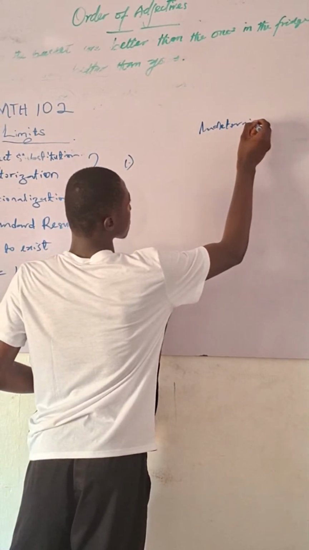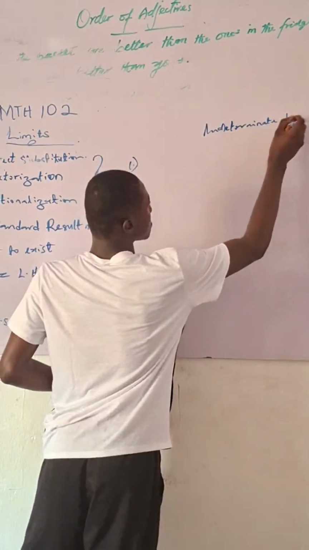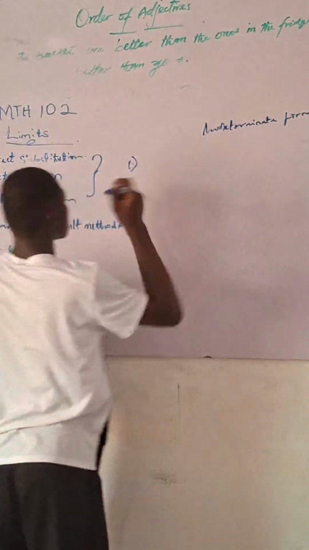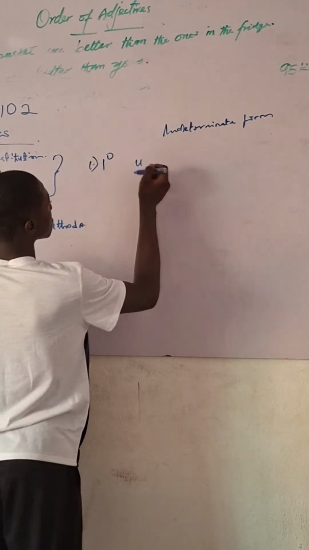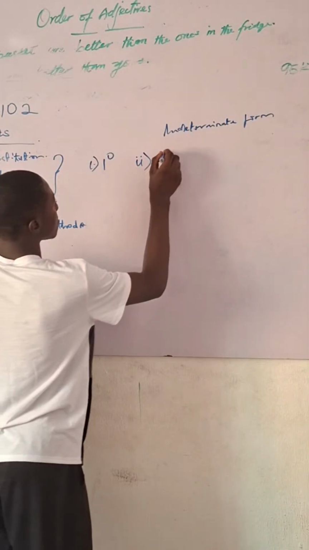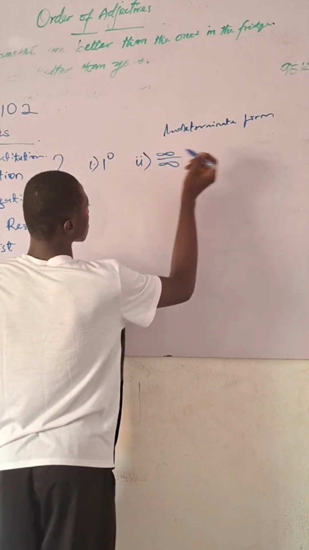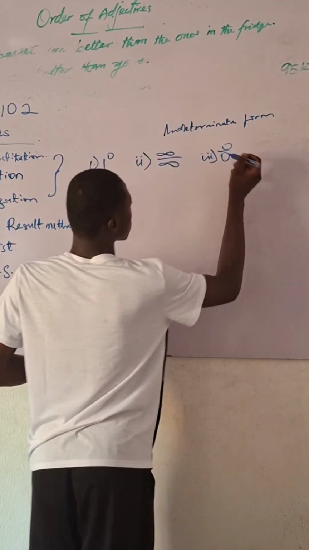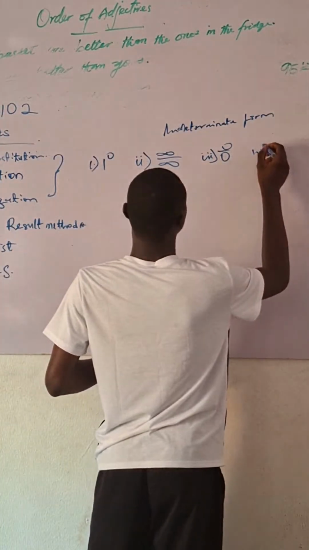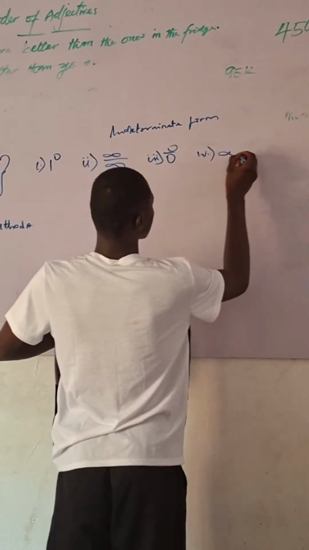Indeterminate form. I have 1 raised to the power infinity, infinity by infinity, 0 by 0, infinity by infinity.